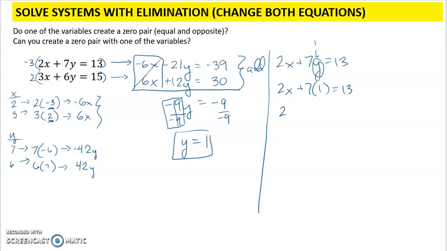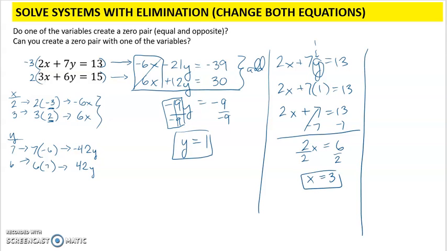Okay, so 2x plus 7 equals 13. We want to isolate x, so let's zero out the constant. We get 2x equals 6 and make the coefficient 1. So x equals 3. So we think that our solution is the point (3, 1), right? That's what we think, and then you would do your check here.